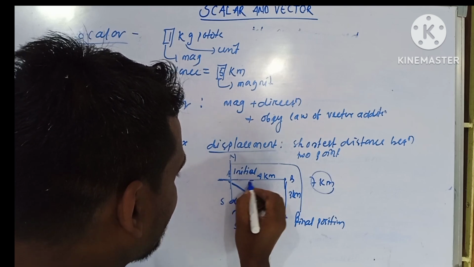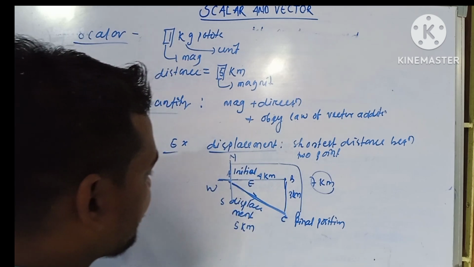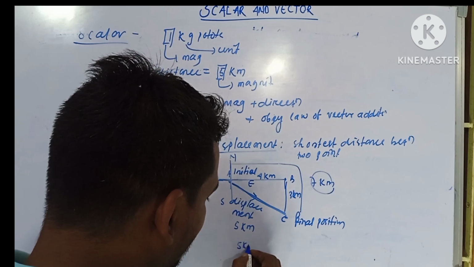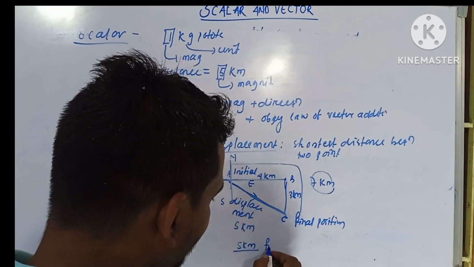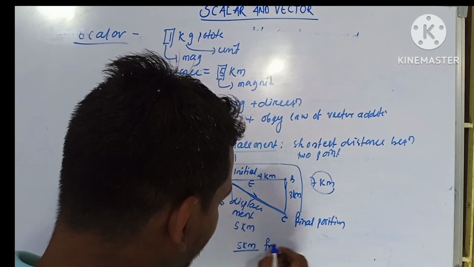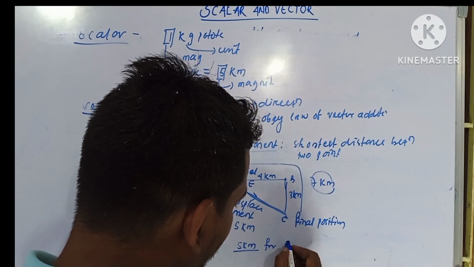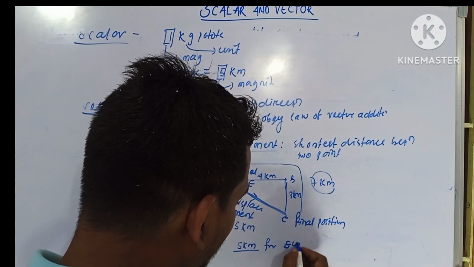Suppose this is north, south, east and west. Then the distance between A and C is 5 kilometer in the southeast direction.